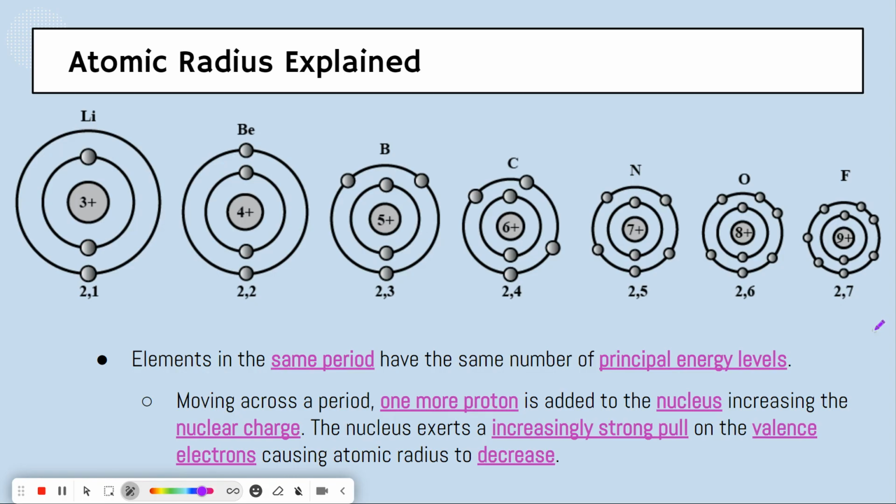towards those valence electrons. And what happens as you go from left to right is the atom actually gets smaller because the valence electrons are more strongly attracted to the positive protons in the nucleus. So in terms of atomic radius or atomic size, as you go down a group, the size increases.